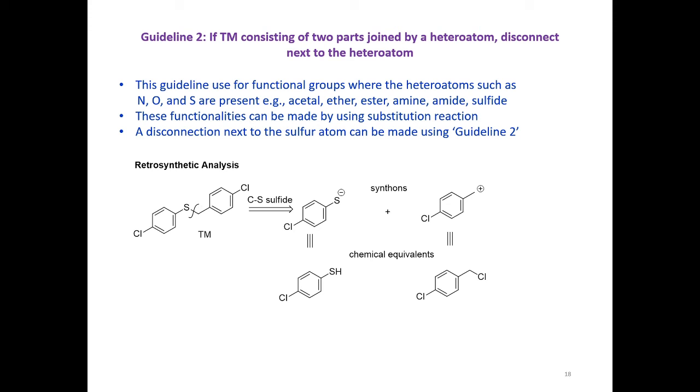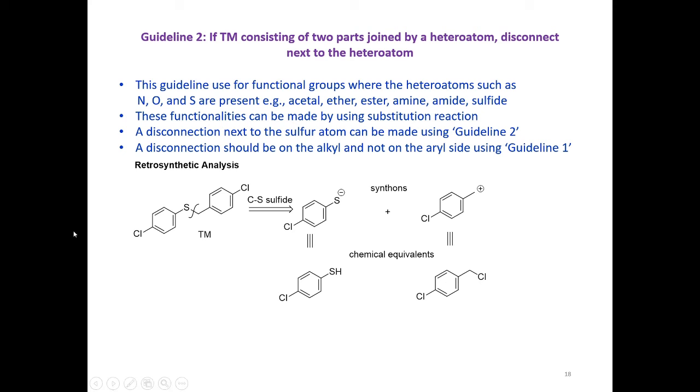This guideline 2 will help in this regard. Then this disconnection should be on the alkyl and not on the aryl side using guideline 1. As I mentioned before, guideline 1 tells the disconnection must correspond to known reliable reactions.